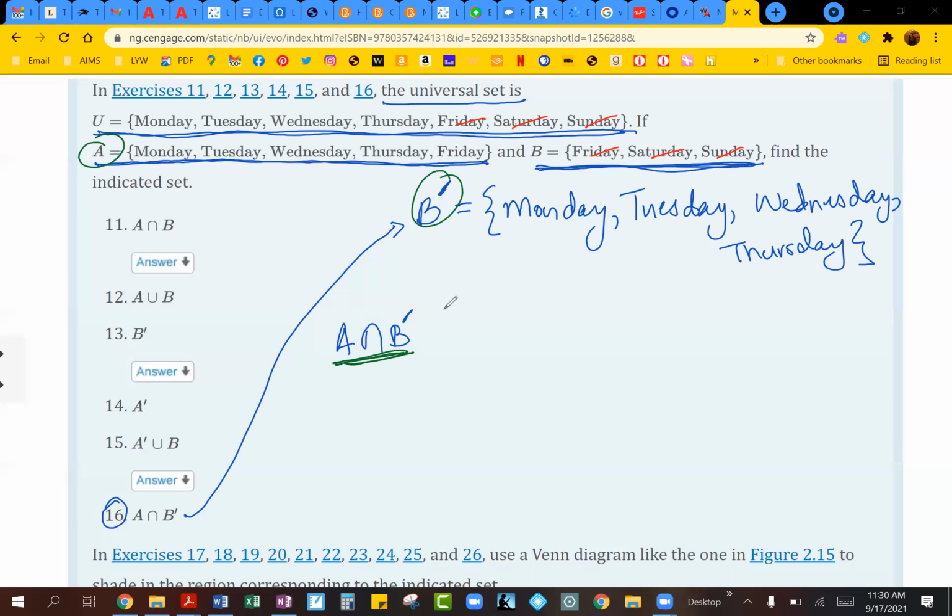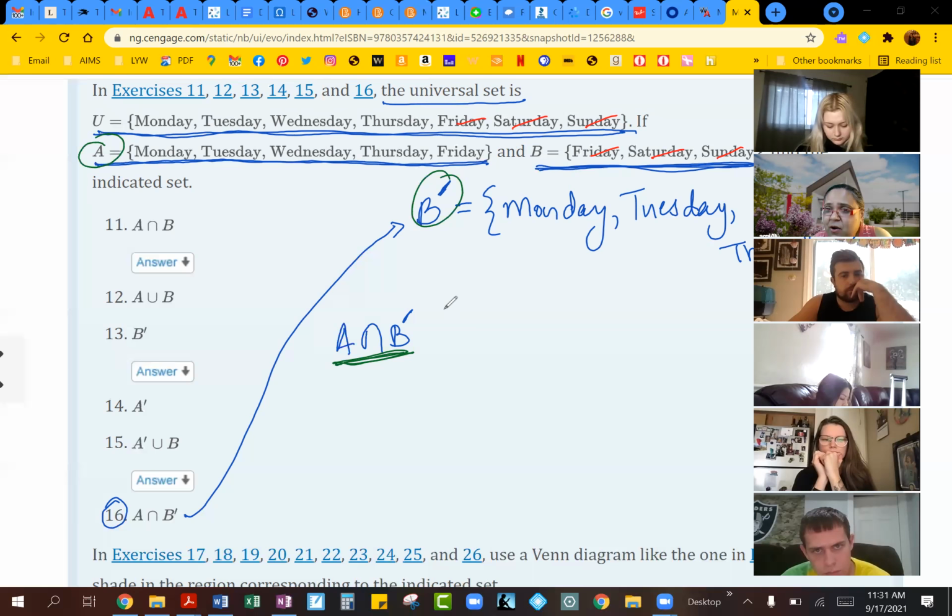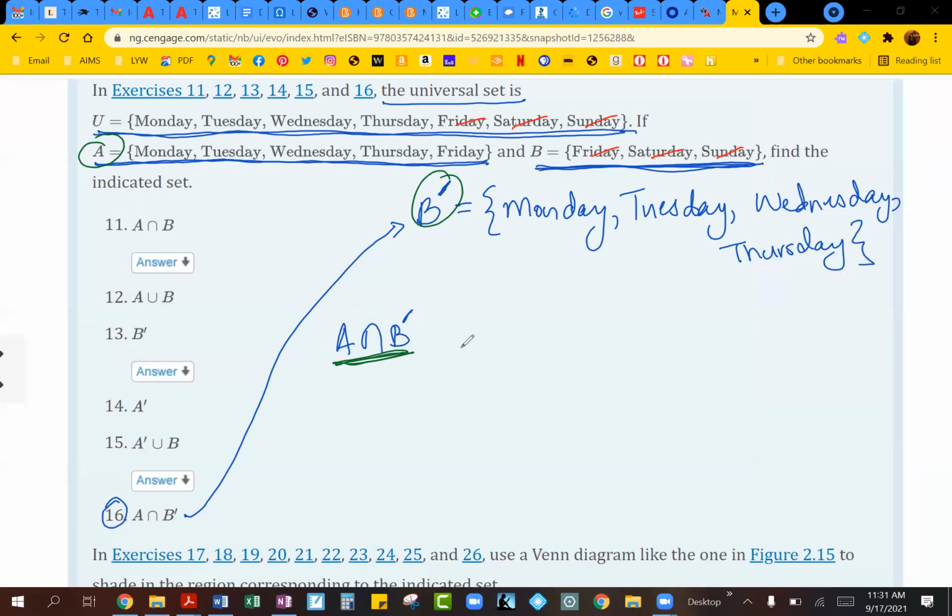Okay, so now I want you to give me the answer for the intersection between A and B prime. What do you see common between A and B prime? And that's what we are going to put in this set here.